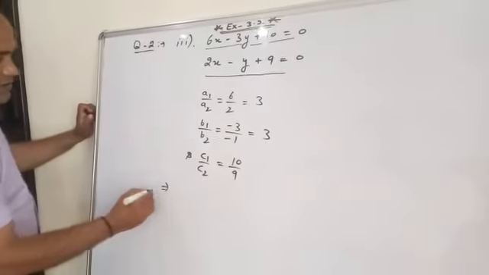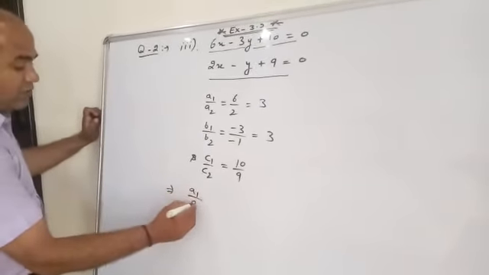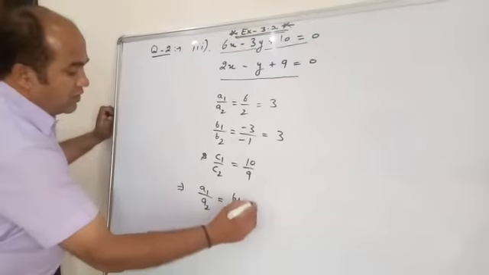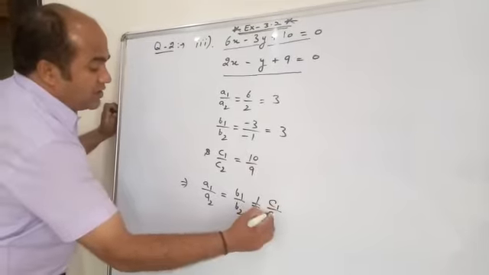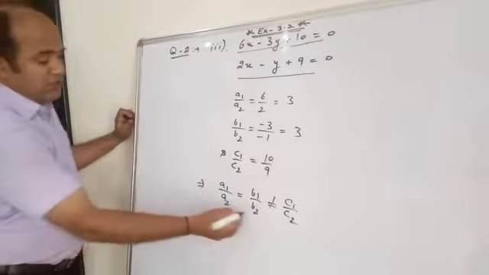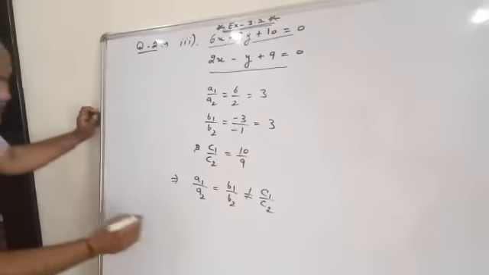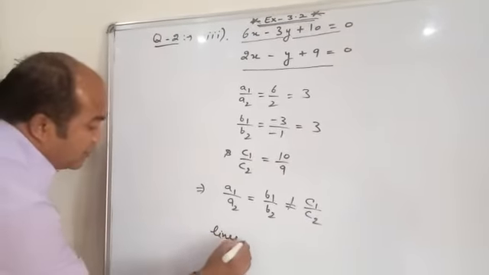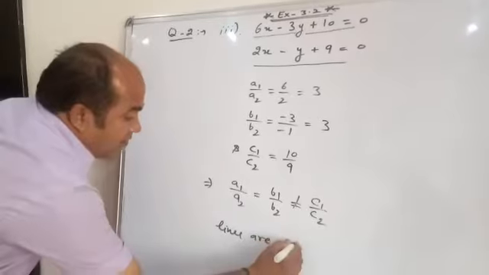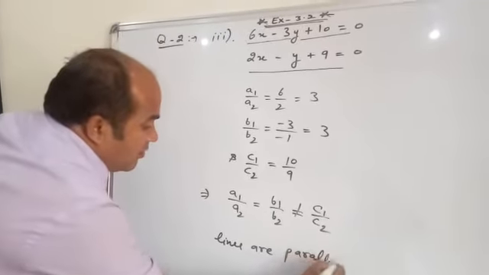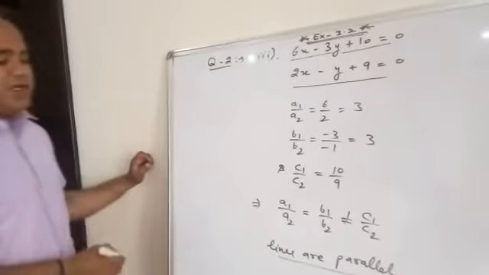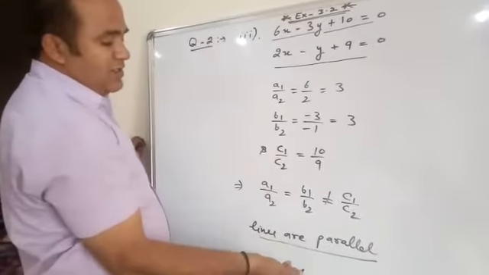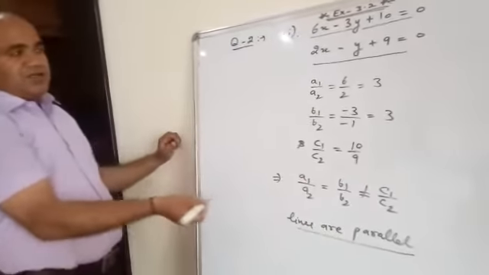It implies a1 by a2 equal to b1 by b2 not equal to c1 by c2. This third case means the lines are parallel. If lines are parallel, there is no solution, meaning the lines will not intersect. So it is the case of inconsistent.